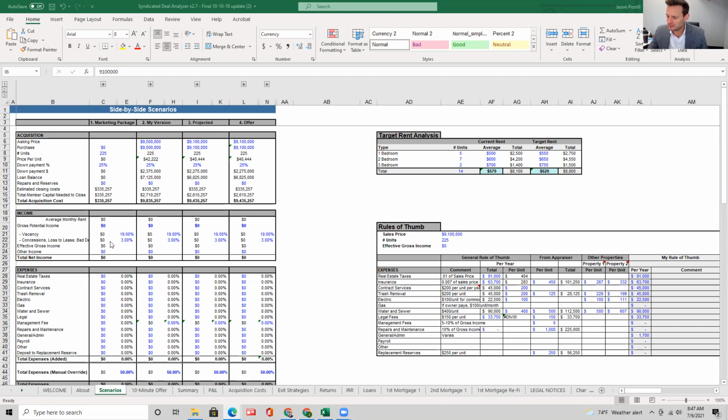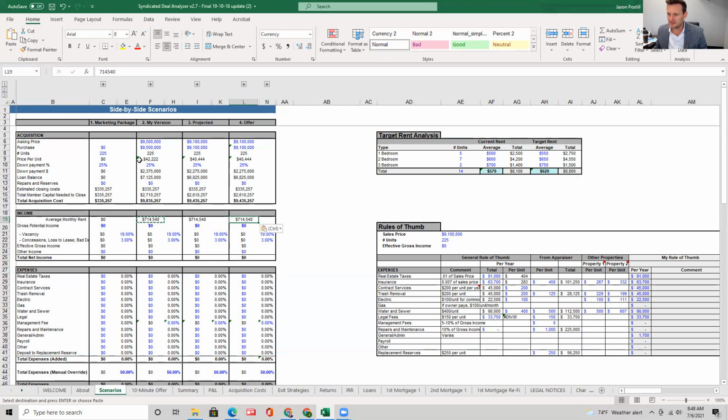Right, so we divide that by 3 months, and the average is 59,545. We're going to annualize that by 12. So the gross projected income is 714,540.